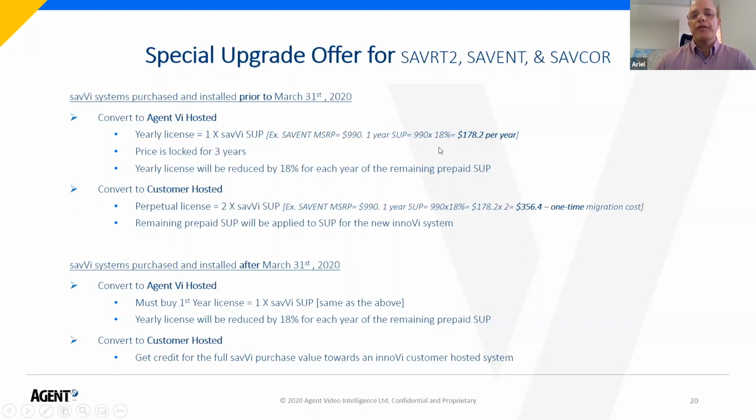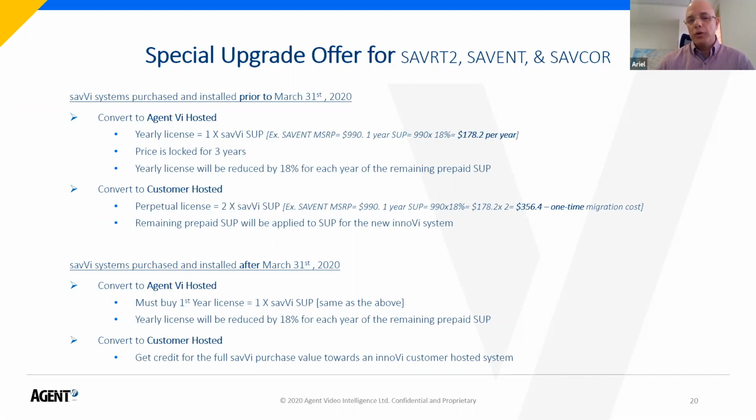We do have a slightly different partner program in innoVi compared to SAVI. In SAVI, it was a bit complicated and was not really fulfilling its purpose. In innoVi, we have a single partner level, and we provide a project-based discount rather than partner-based level discount.